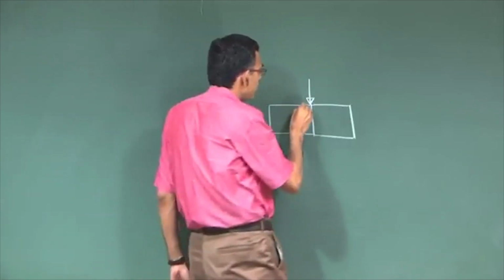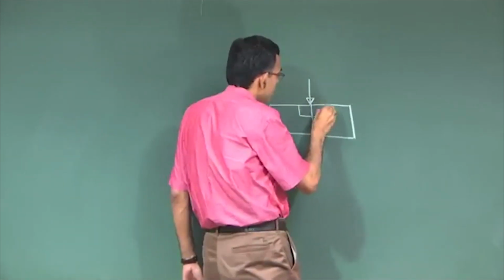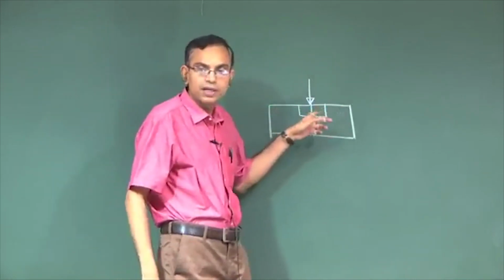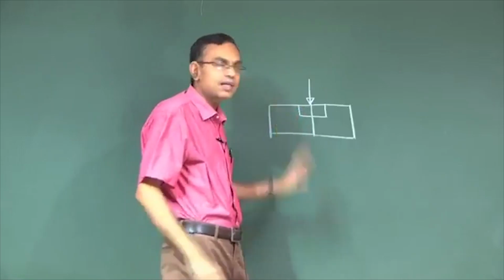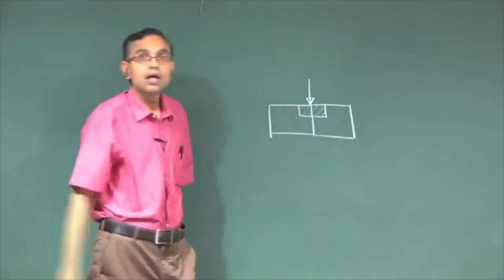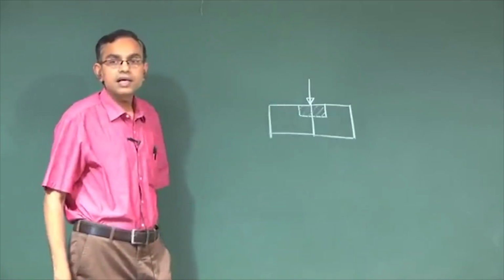So a melt pool, say covering this much region, not exactly a rectangular melt pool will be created, but just to give you an idea, say locally over this region the material gets molten.